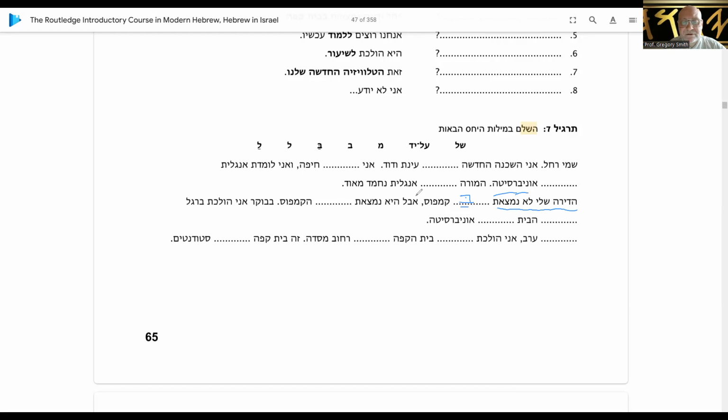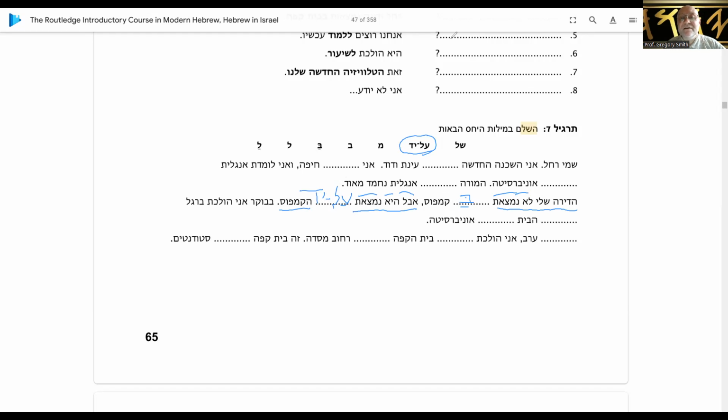Aval hi nimsa et. So, but it is located, and I bet you this is where this one goes. Al yad. But it is located al yad hakampus. But it's located near the campus. It's not located on the campus or in the campus. But aval hi nimsa et al yad hakampus. Okay, but it is located near the campus or next to the campus, close by.